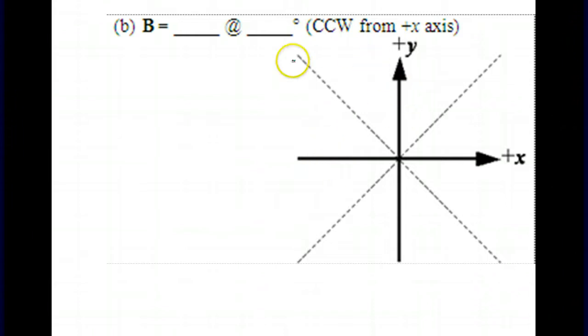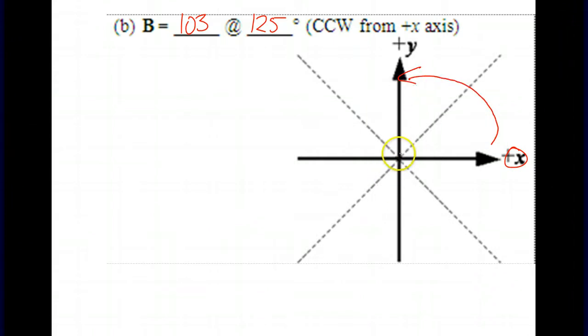On letter B, what was the length of the resultant? 103 at 125 degrees, counterclockwise from the x-axis. So we find the x-axis and we go counterclockwise away from that, right?